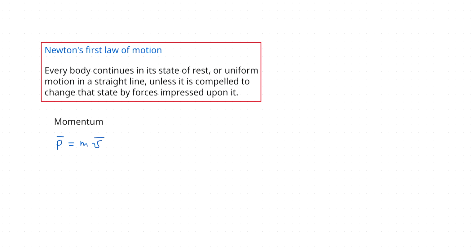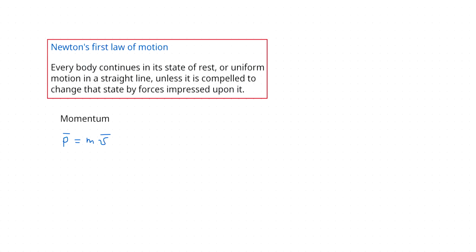You know that mass is a physical value that is in kilograms. Velocity is in meters per second, and it means that the momentum will be in kilograms multiplied by meters per second. So this is momentum.